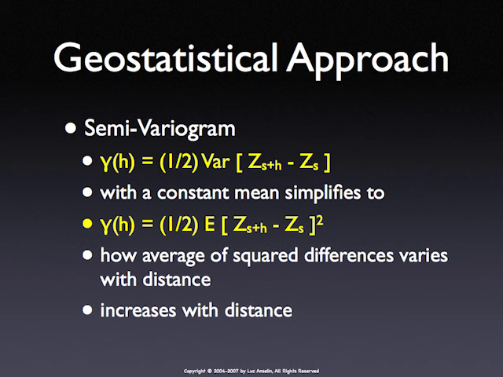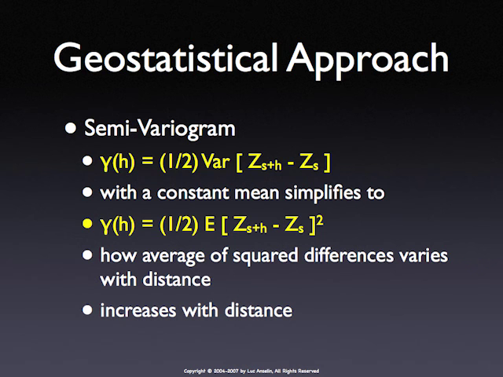Whereas the variogram and the semi-variogram, the difference between the two is the semi-variogram is half the variogram. In geostatistics, a big deal is made of whether it's semi or a variogram. The bottom line is you have to make sure that what you're getting is what you expect it to be. And the difference between the two is just half. So if you have a number that is twice what it should be, then probably you're not reporting a semi-variogram, but a variogram.